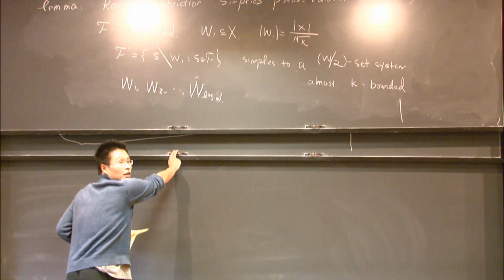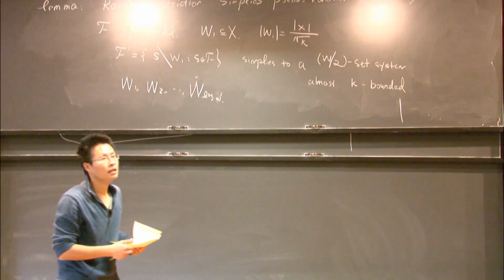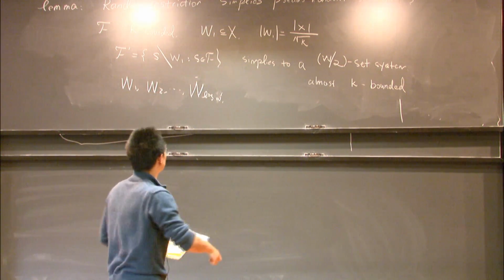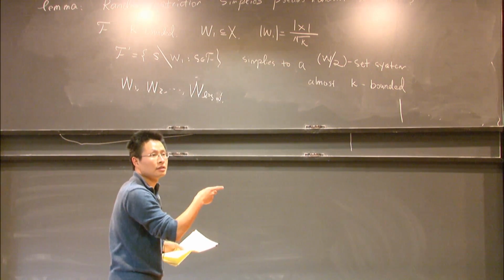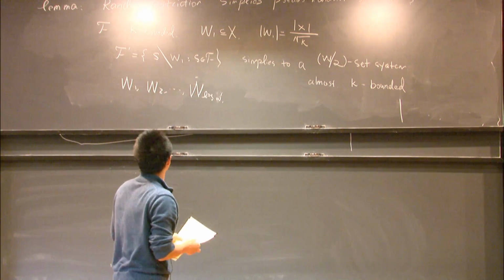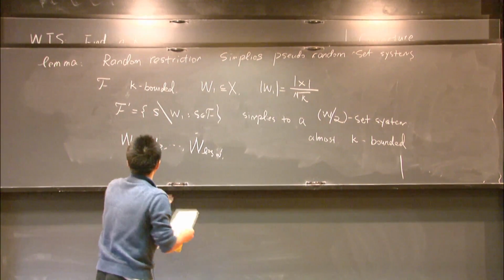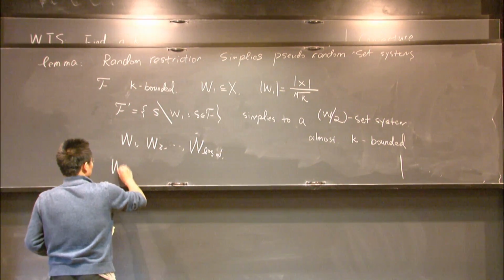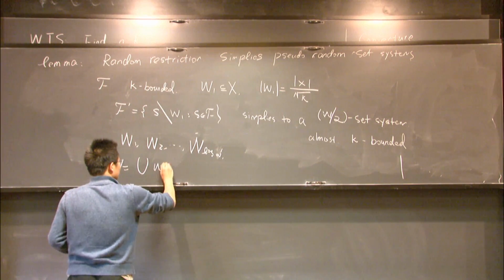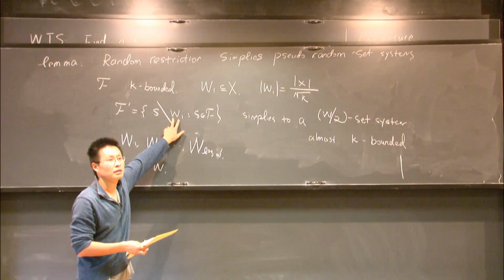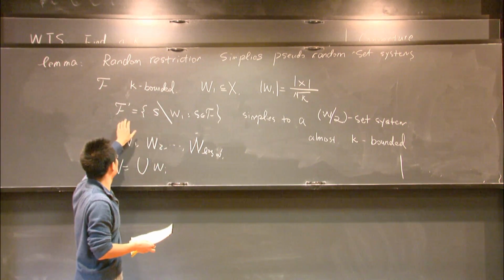After you sample these log sets, you say that the union of them covers a set. Why? The claim is that W is the union of these sets. In the first round, we're going to remove W1.